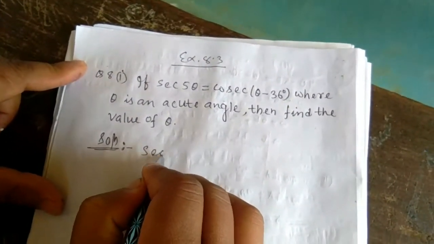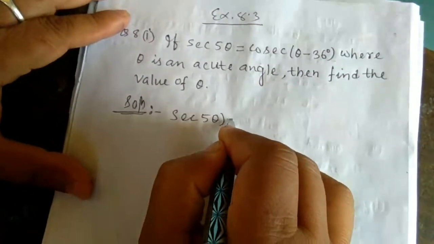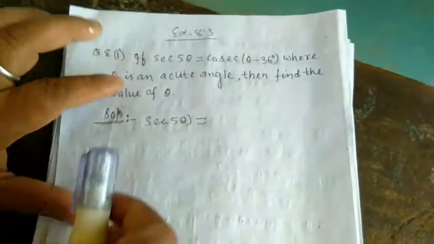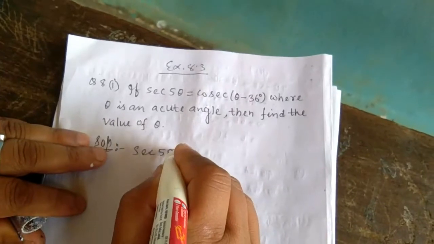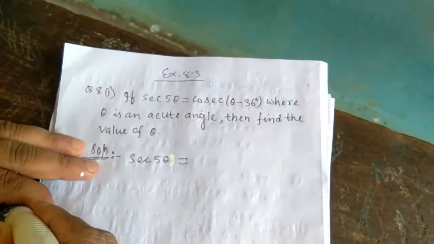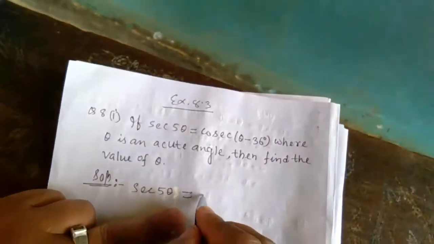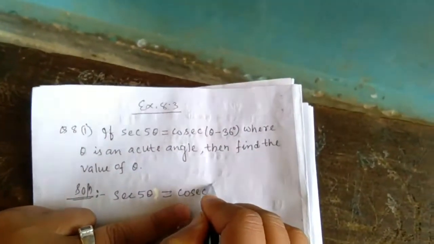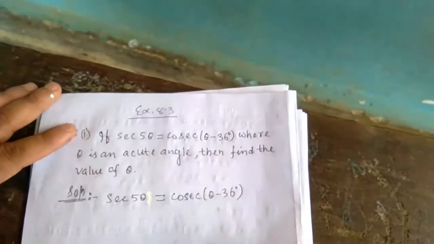sec 5 theta equals cosec (theta minus 36 degree).